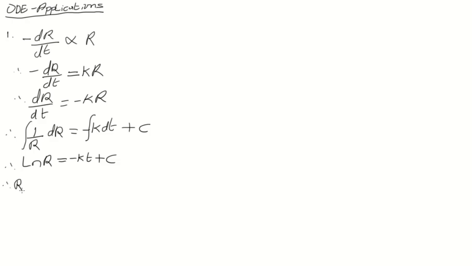So what we get is R is equal to the exponent, e raised to minus kt. We're supposed to be having a c here, which actually comes with a plus c. But what we normally will do is we simply can just put a A here. You can put a A, but also what people will actually like to do in these situations, they will say R naught. Good, just a constant. So we have a general formula.